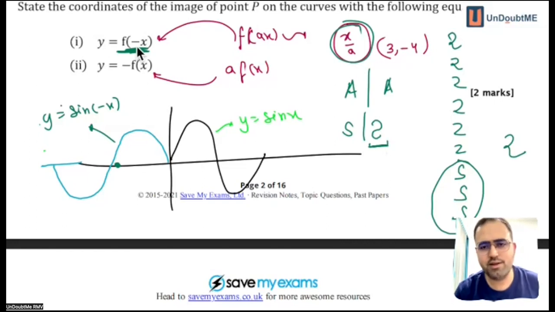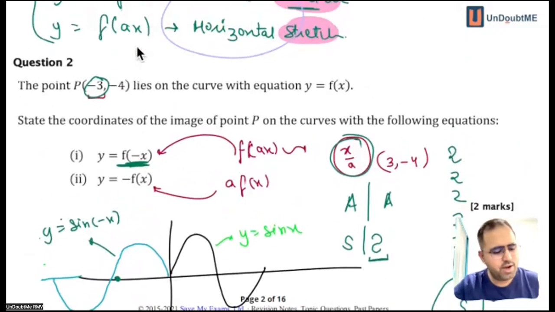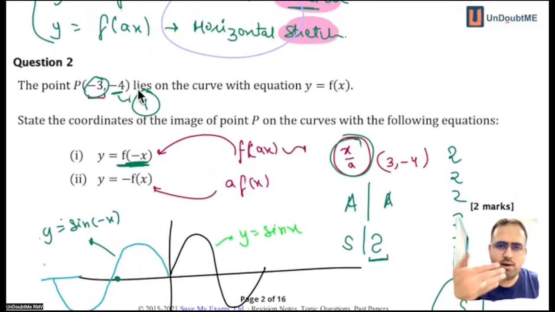Coming back to the topic. And minus of fx means what? The whole y value has an extra minus sign. So if you look at this coordinate, minus 4 will become positive 4. The below values will come up, the above values will come down. Is that clear?